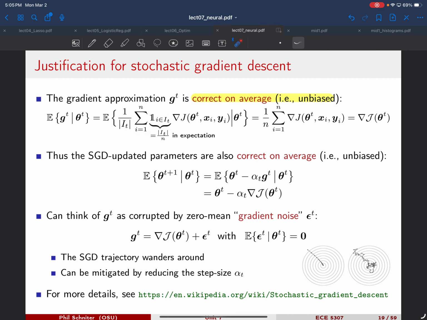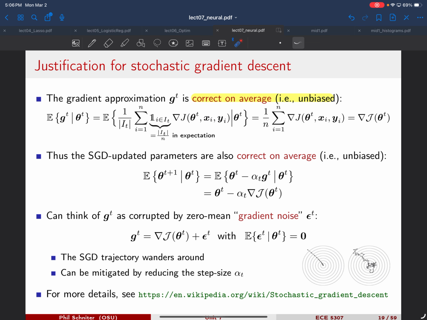But if i is not in our index set, then this becomes 0, and it is not in the sum. So this is just a fancy way of writing this. Summing over i in big I is like summing over all n, but then multiplying by either 0 or 1 to only include the ones that are in the mini batch. Does everybody agree with this?